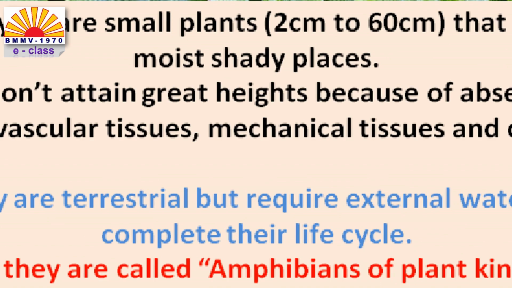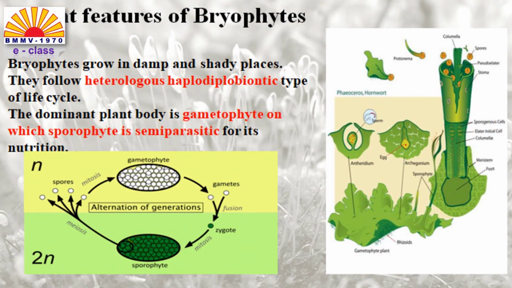Another important feature of bryophytes is their type of life cycle. They show haplo-diplo biontic type of life cycle. As you all know from your classes in semester 1, haploid generation means gametophytic generation represented by n number of chromosomes. Diploid means sporophytic generation represented by 2n number of chromosomes.